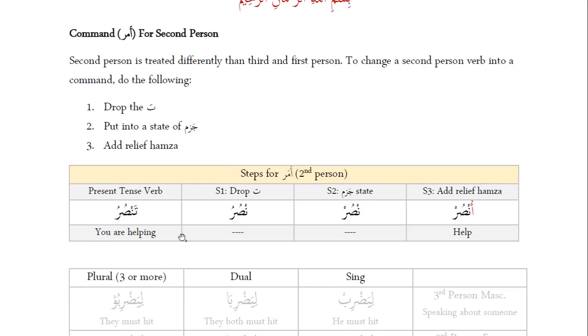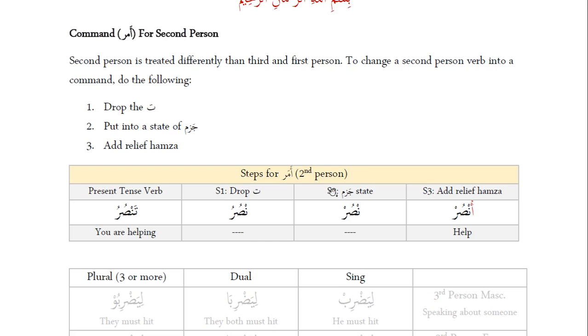Okay. So now let's look at commanding for the second person. Remember, we said it's treated differently than the third and first person. So once again, you start off with the present tense verb, but you put it into second person because you're dealing with the second person. So it becomes tansuru, which means you are helping, right? Then what you do is you drop the ta, and it becomes sur, which is not really pronounceable.